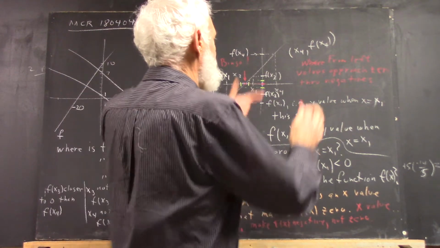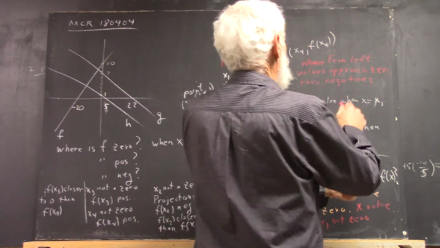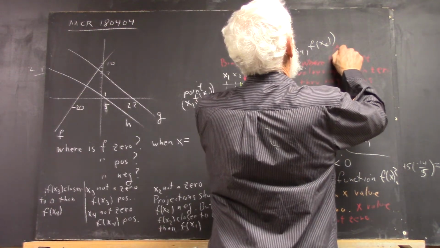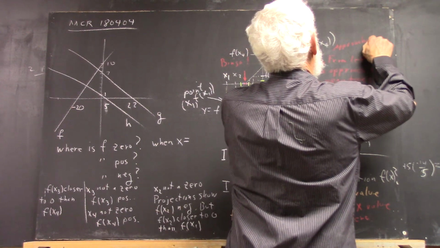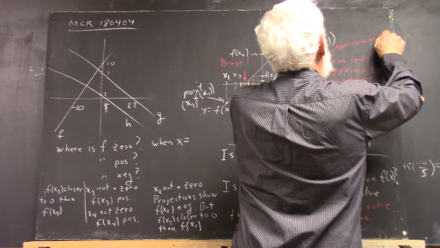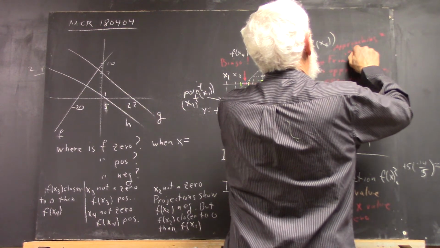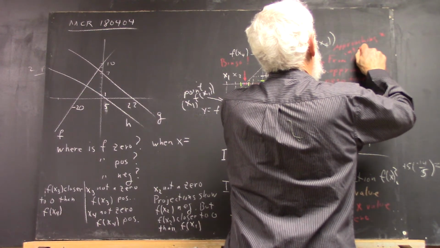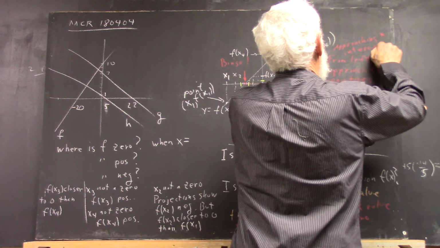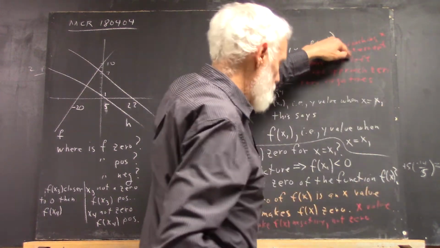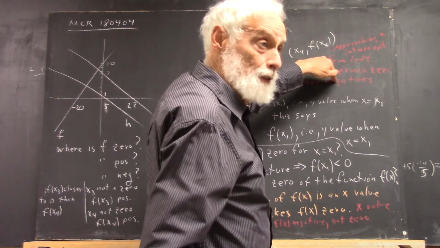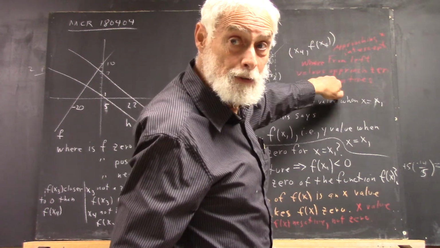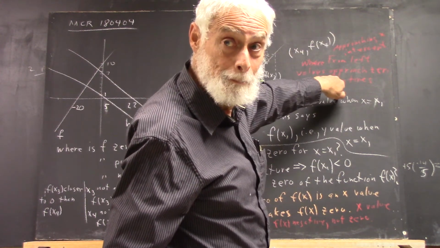There's more I want to say, but I have to write higher up. Let's see if I can do it. Approaching the x-intercept from the left, the values of f of x approach 0 through negative values, right?